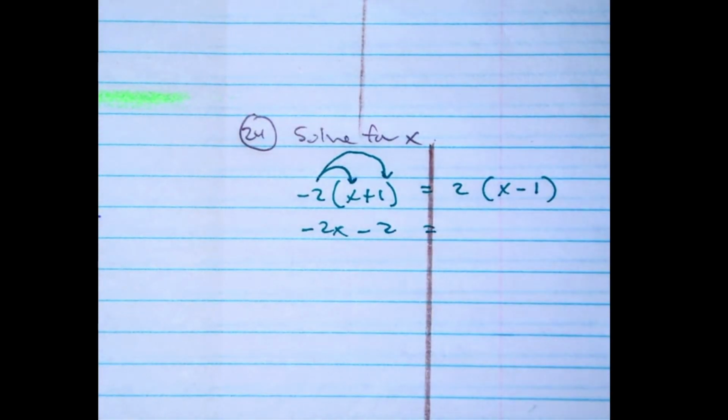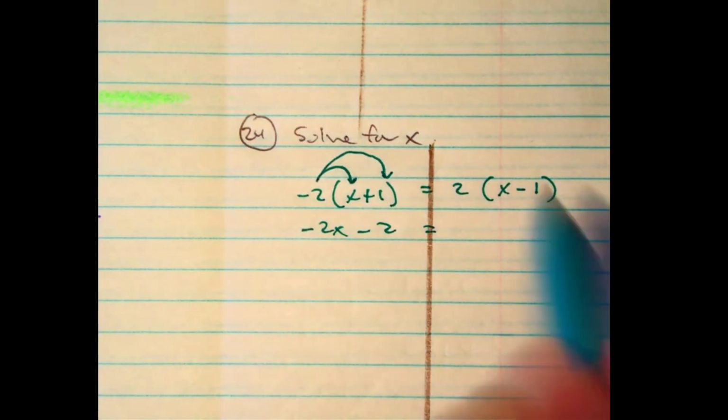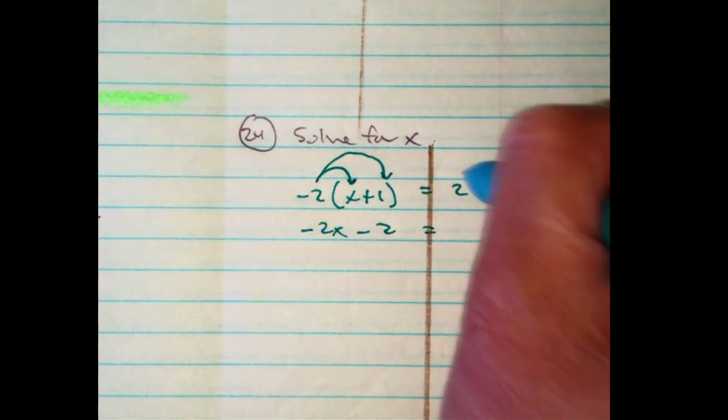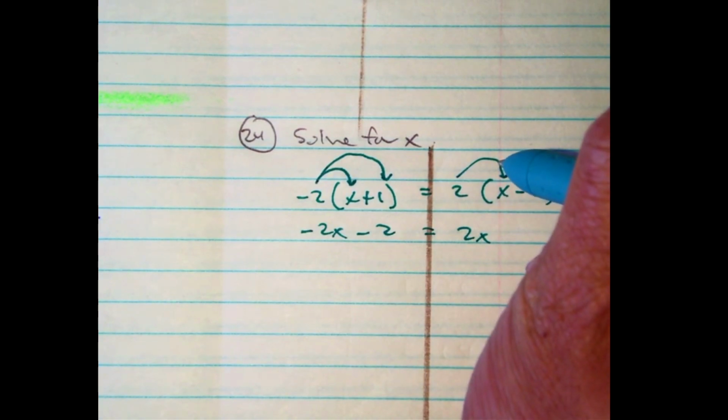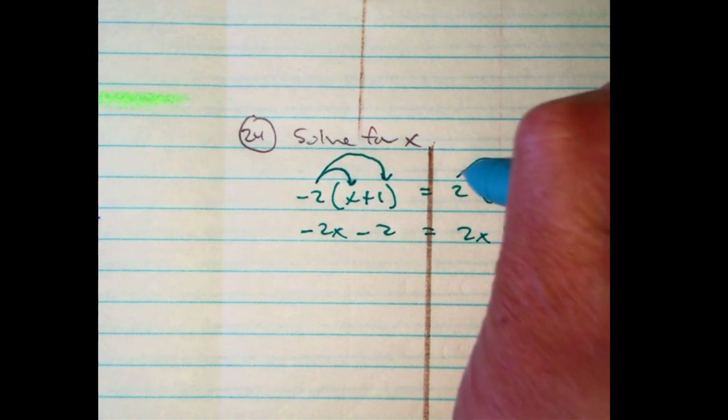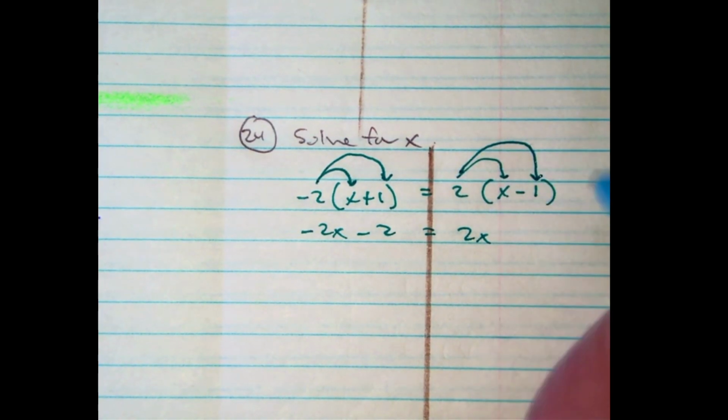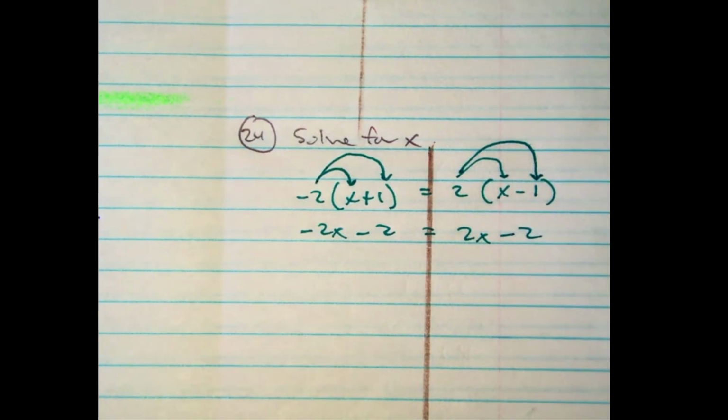How about on the right side here, Isaiah? Good. 2x. What's 2? Remember that 2 times negative 1? Or negative 2. Chantal, what do you want to do next?